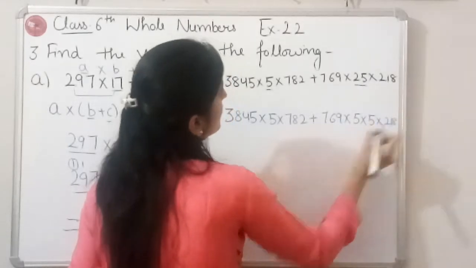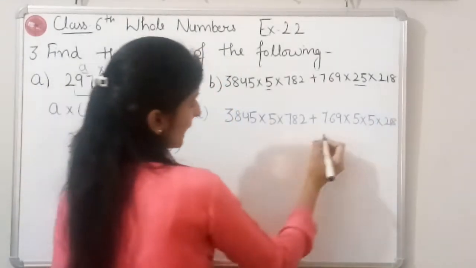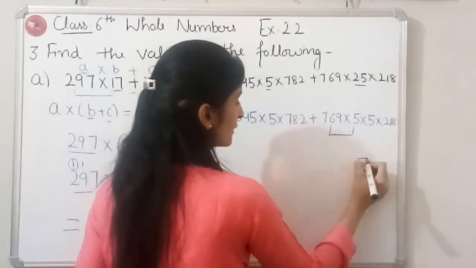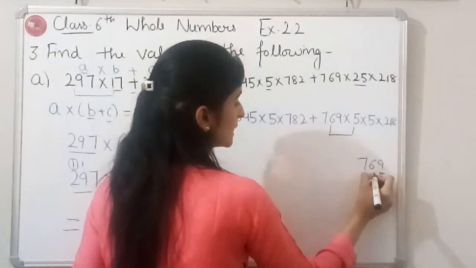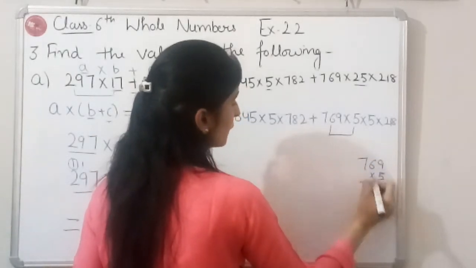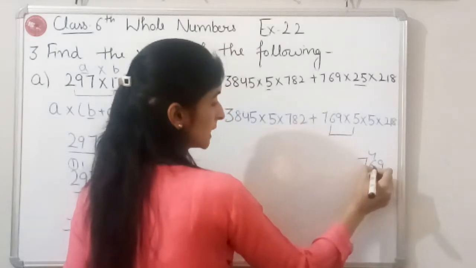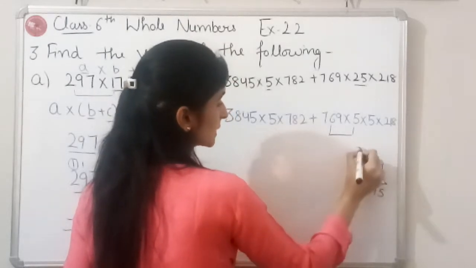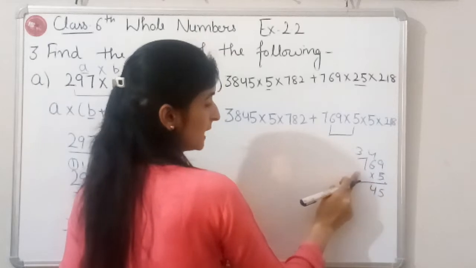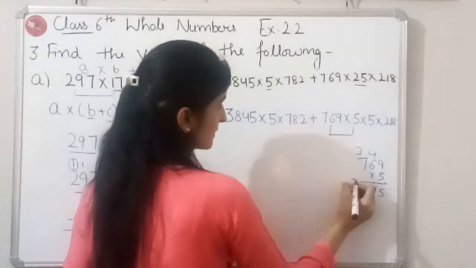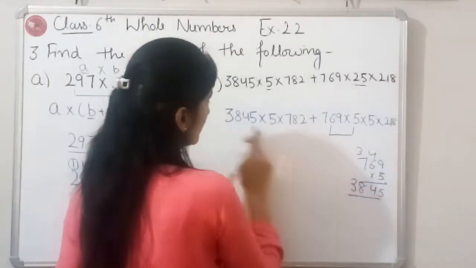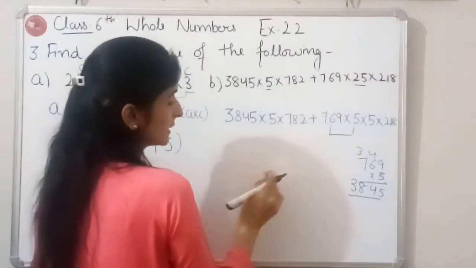Now children, if we multiply this 769 by 5, what will we get? 5 nines are 45, 5 sixes are 30, 30 plus 4 is 34, 5 sevens are 35, 35 plus 3 is 38. So we get the same thing here.